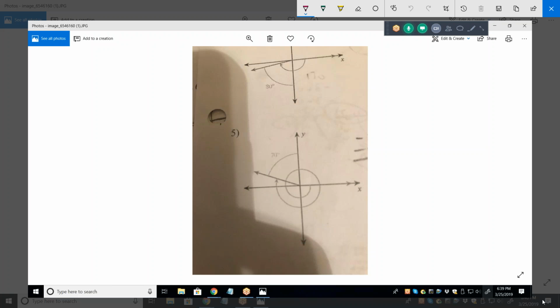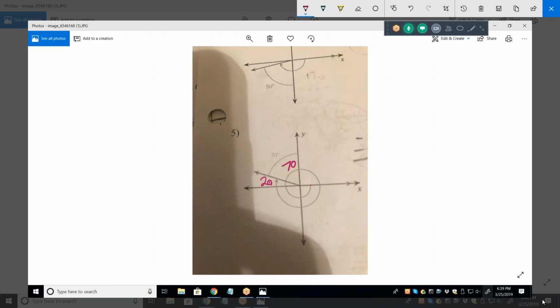Oh, you're right, we did. So we're looking at 5. Okay, so this angle is 70. Okay. And they want the measure of the total angle. So what's this tiny one here that is complementary with 70? 20. Okay.